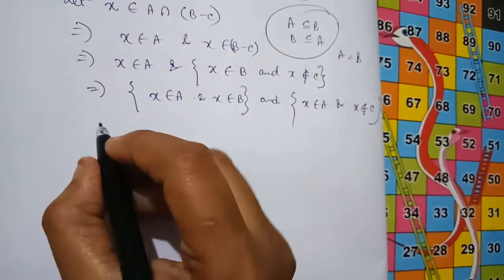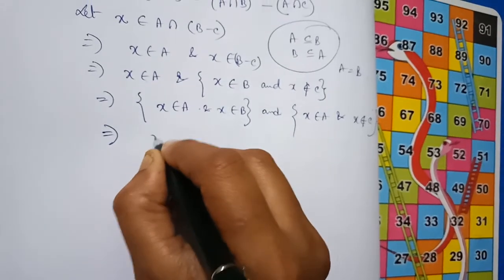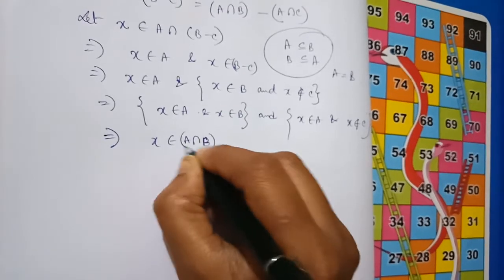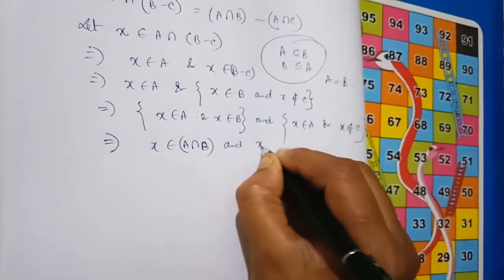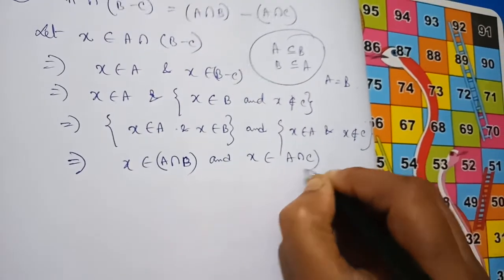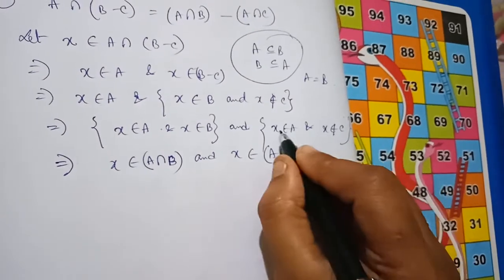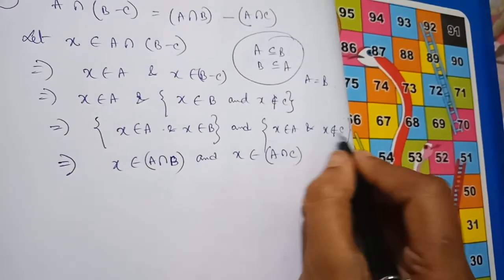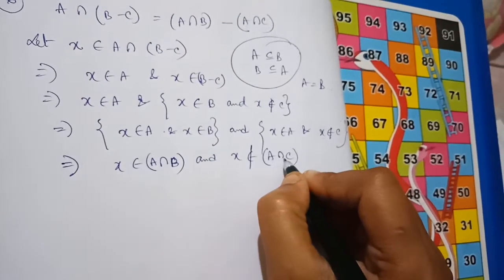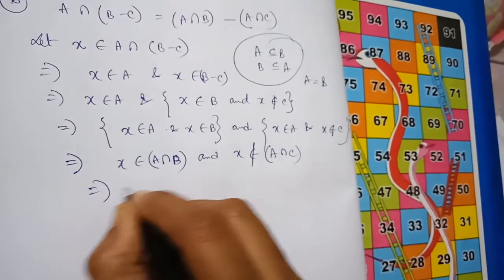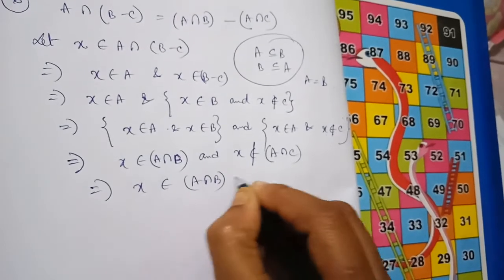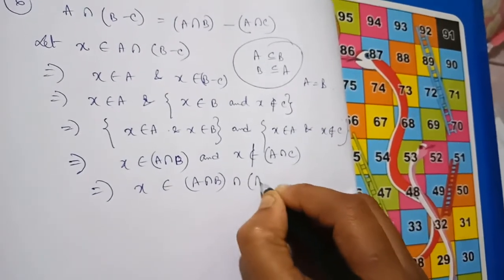Okay, this implies x belongs to A intersection B and x doesn't belong to A intersection C, because x is not a common element of A and C. That's why x doesn't belong to A intersection C. That means x belongs to (A intersection B) minus (A intersection C).